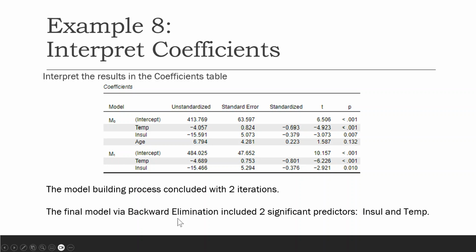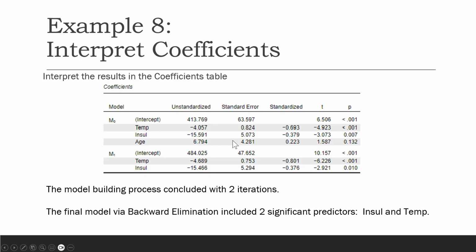So our final model via backward elimination includes 2 significant predictors. Temperature, the p-value is less than 0.001. And then insulation, the p-value is 0.01. All right. This is from our coefficients table.